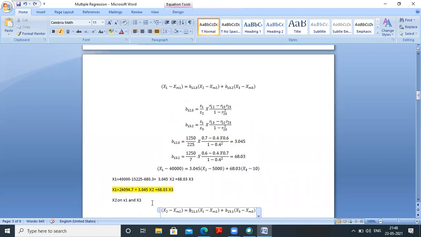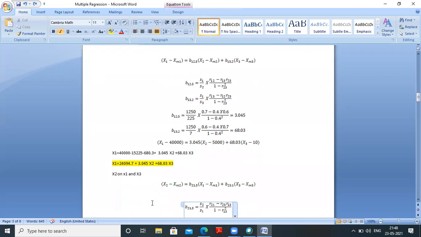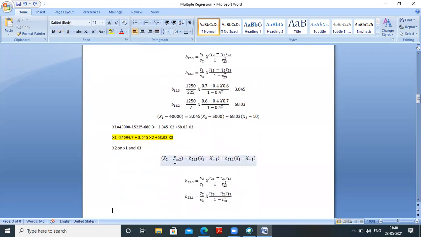Similarly, we can calculate the regression equation for x2 on x1 and x3. Here x2 will be the dependent variable and x1 and x3 will be independent variables. The partial regression coefficients will be b21.3, which studies the effect of independent variable x1 on x2 controlling the effect of x3, and b23.1, which tells us the effect of x3 on x2 controlling the effect of x1.